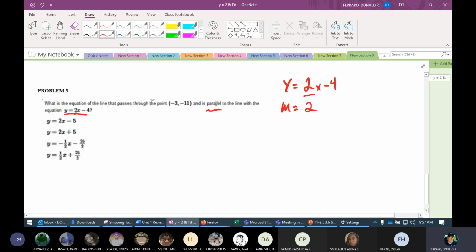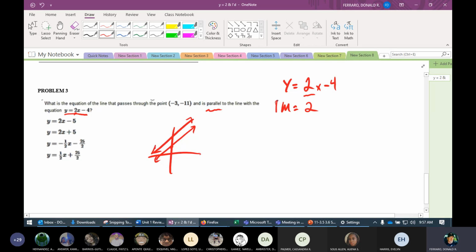And they said parallel. I gave you guys an example before of 2 lines, right? One that intercepted at 1, one that intercepted at 2. And they had the same slope, all right? Those are parallel lines.